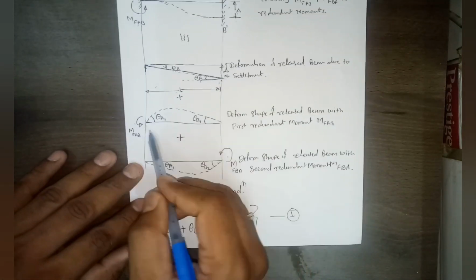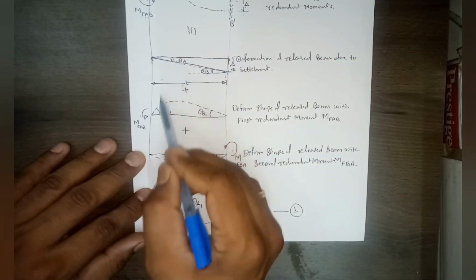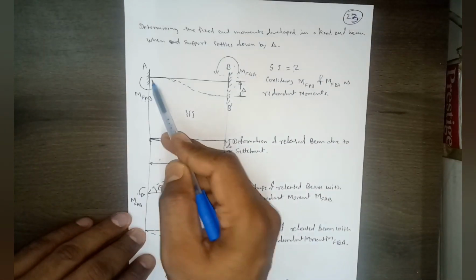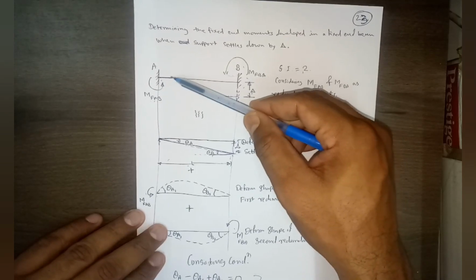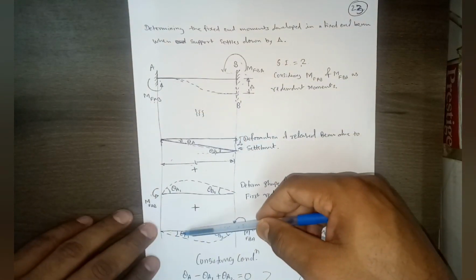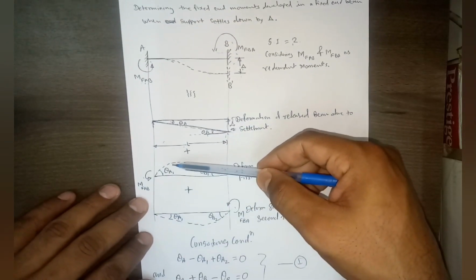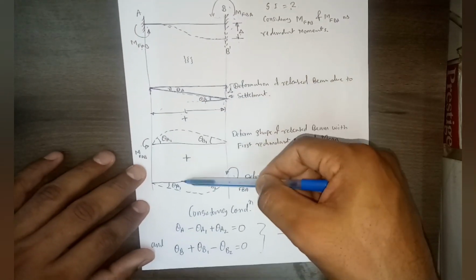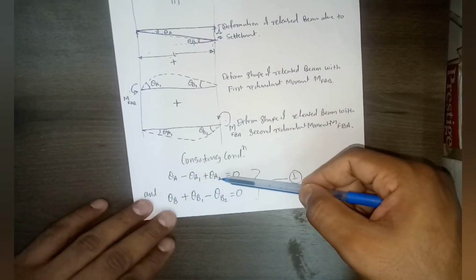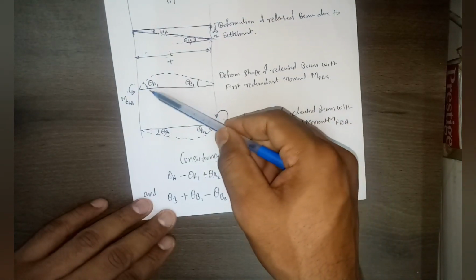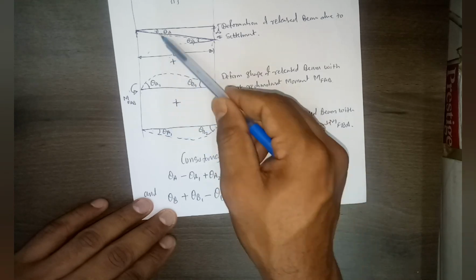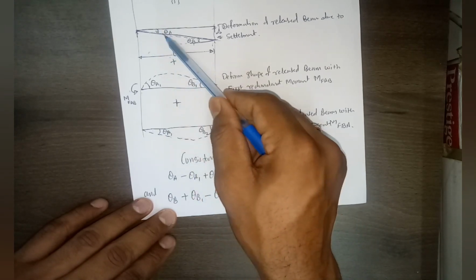Now again we have to add these three, and the actual rotation in the problem here is 0. So using the consistency condition, we can say that the addition of these three should be 0. We have written it here, right? This is clockwise rotation, this is anti-clockwise rotation, and this is clockwise rotation.